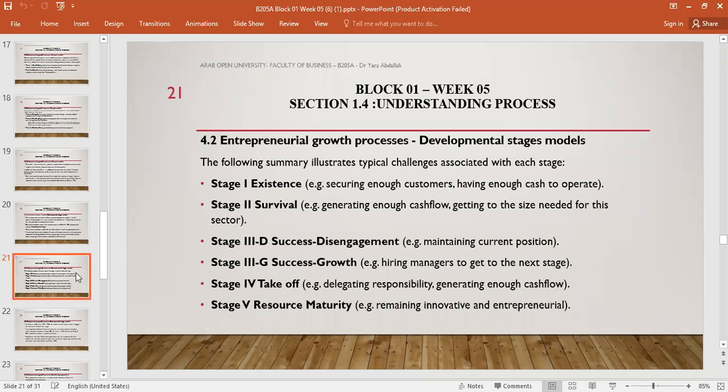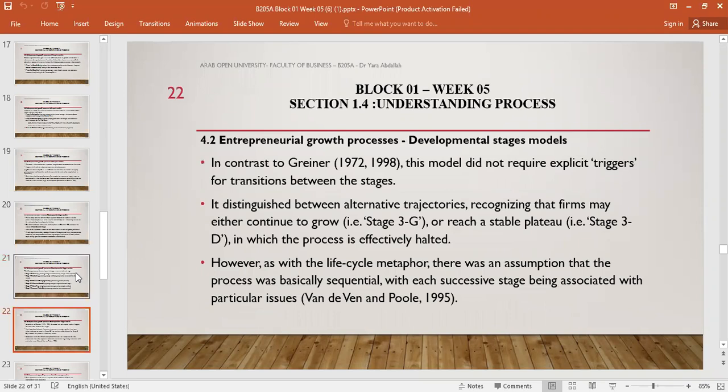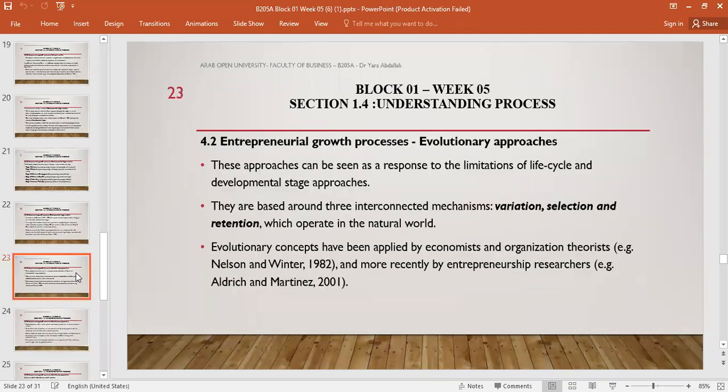Thus, this model hammers on the challenges that the firm can face in each stage. This is different from the life cycle model, which was a sequential model that just tried to highlight the successive stages and describe them. No more.